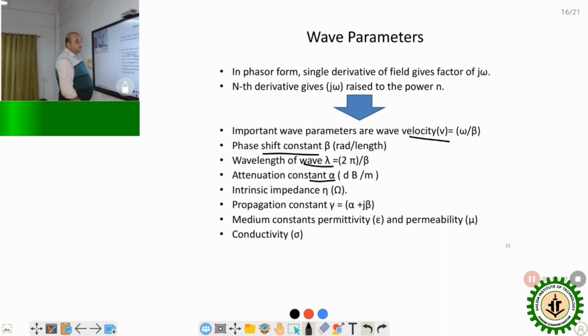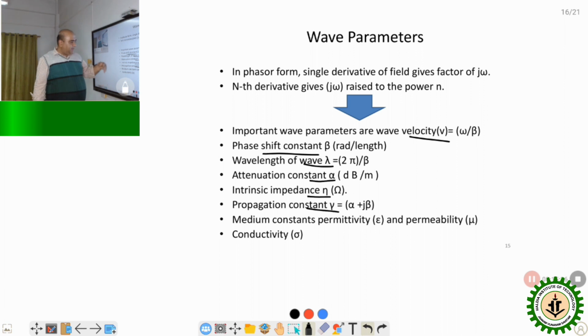What is the attenuation constant alpha, and the intrinsic impedance of a certain medium, given by the term eta. The propagation constant is a complex term, equal to the real part alpha plus j beta, where beta is the imaginary part. Propagation constant, attenuation constant, phase shift constant, wavelength, and intrinsic impedance are very important wave parameters.